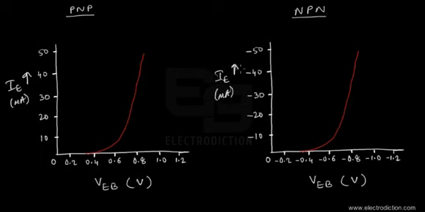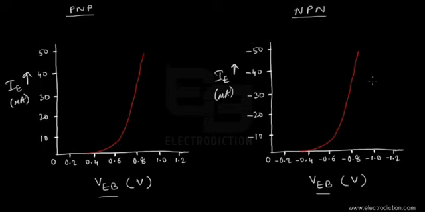So you can see that all the voltages that we have just taken here, the emitter base forward bias voltages, have all been taken with respect to the ground terminal at which the base terminal is connected. So for the PNP type of BJT, the forward bias emitter base voltages are all positive, while in case of the NPN type transistor, we have the forward biased emitter base voltages all taken negative.